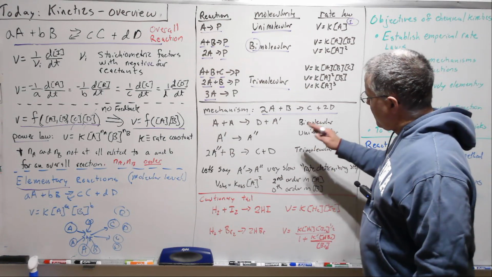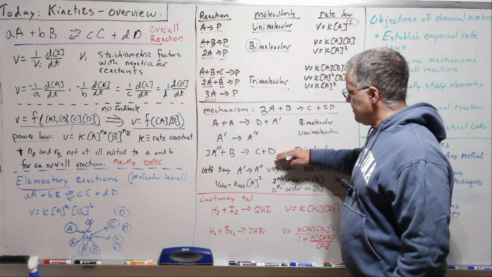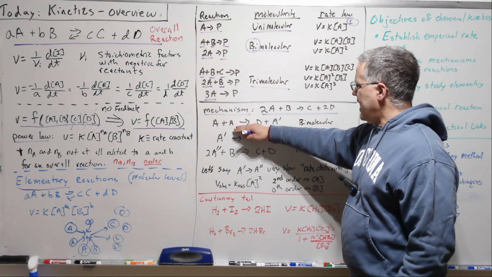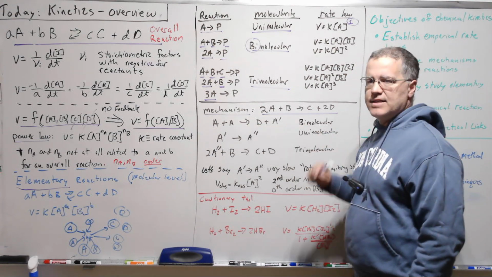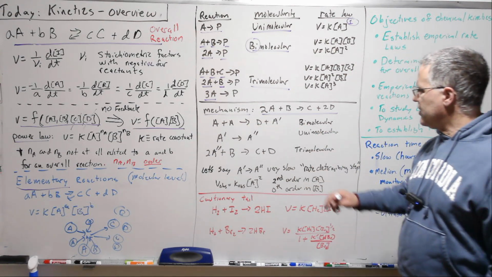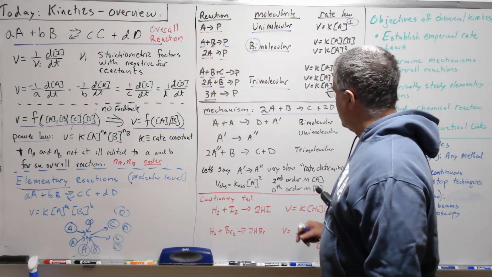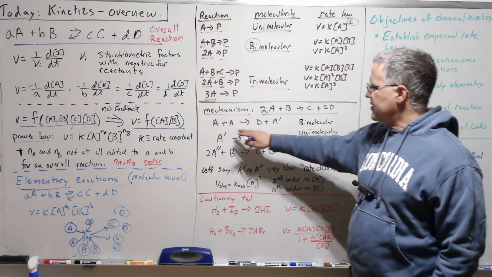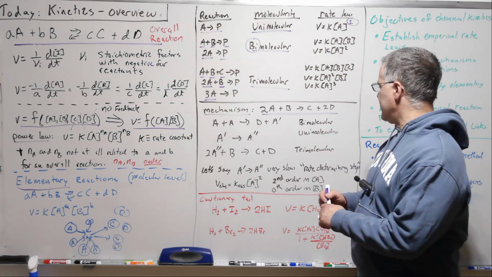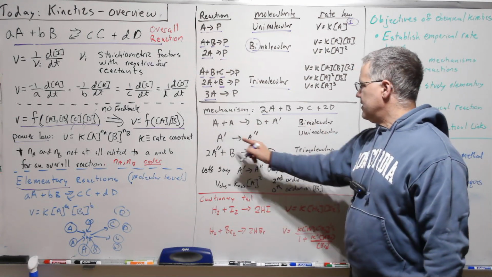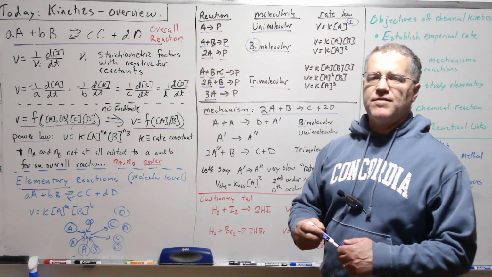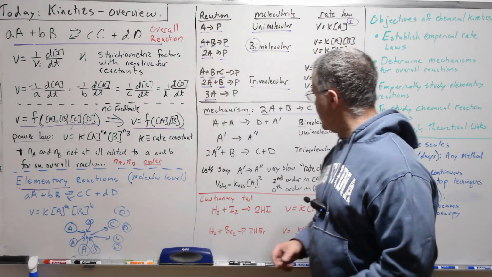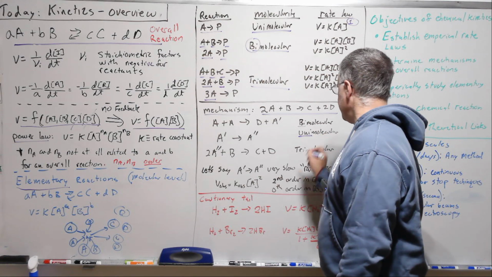So let's say we propose a three-step mechanism. We say A and A react to form D and this A prime. A prime is what we call an intermediate. This would be a bimolecular reaction because it's A with A, so that's bimolecular. Then A prime undergoes some kind of conformational change or something, unimolecular.